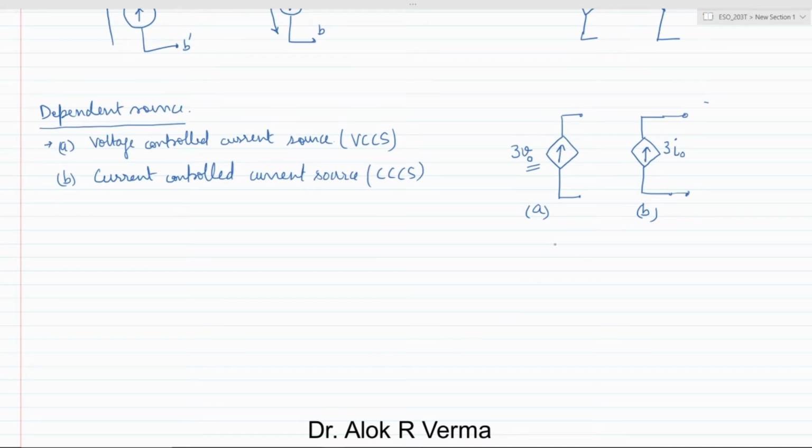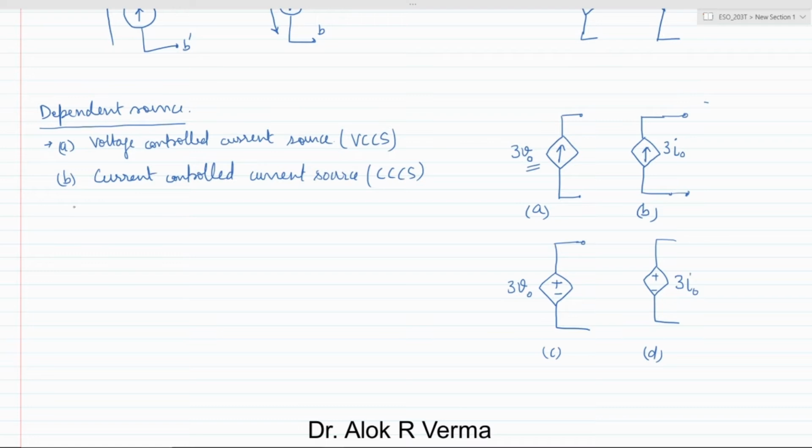Now consider another case where you have this representation, and the voltage is again, suppose, 3 V naught, and this V naught is some other element quantity. Consider this as C and this as D. So this is also a dependent voltage source, but the magnitude depends upon some other element.